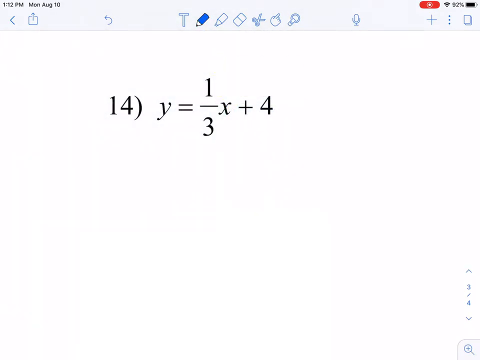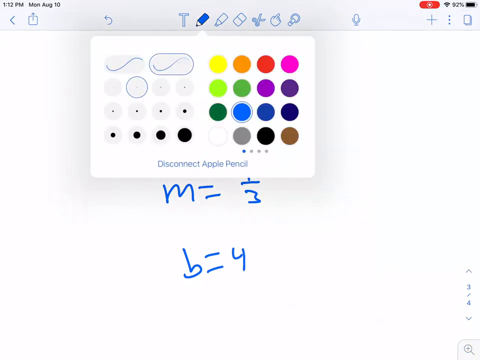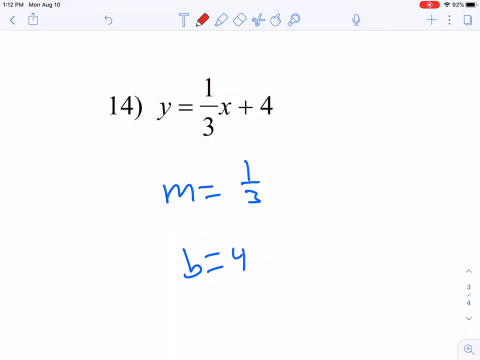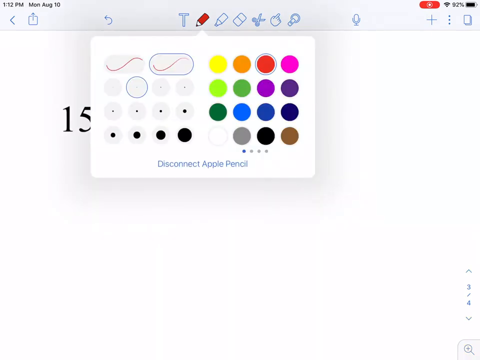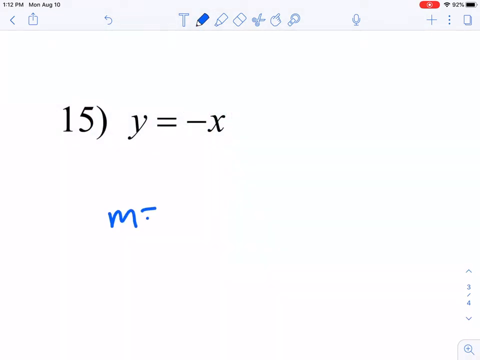So again, b equals 4. If we can do this part, graphing lines are pretty easy. No negative, so I'm going to go up and right. Okay, m equals, that is a negative 1 over 1.